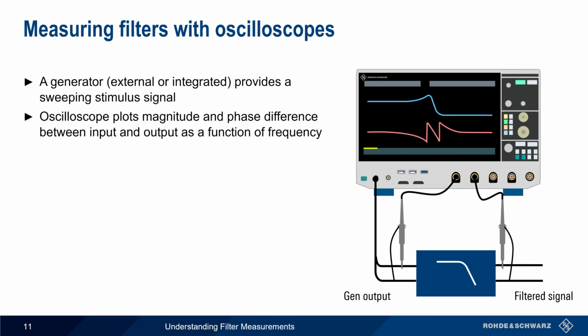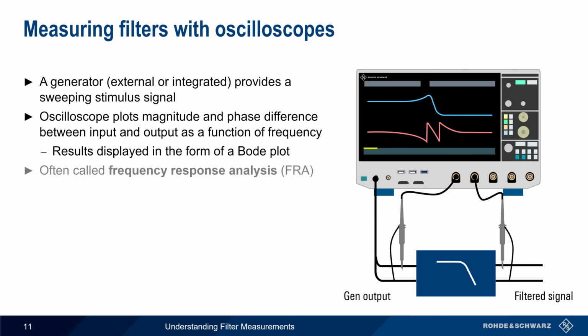The scope then plots the difference in magnitude and phase between the input and output signals as a function of frequency. These are typically displayed in the form of a so-called Bode plot. Because we're looking at filter response as a function of frequency, this type of measurement is often called frequency response analysis, or FRA.